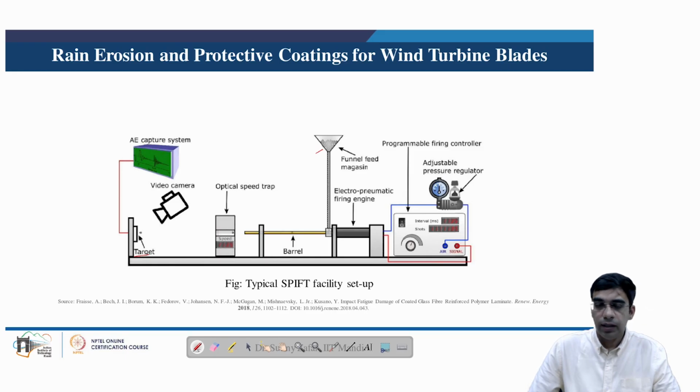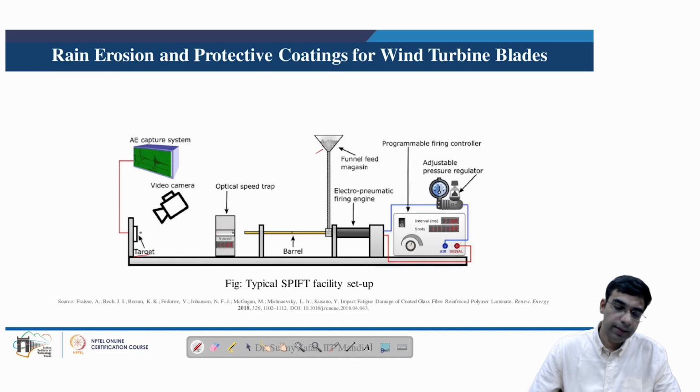So as the balls of nitrile rubber are accelerated by the transfer of momentum from the compressed air as it expands, they pass through the optical speed trap, which captures the speed of this ball, at what speed it is going to impact.